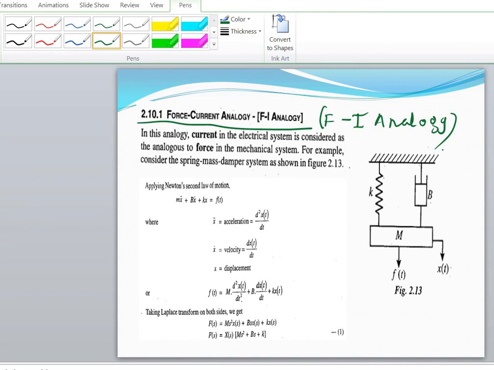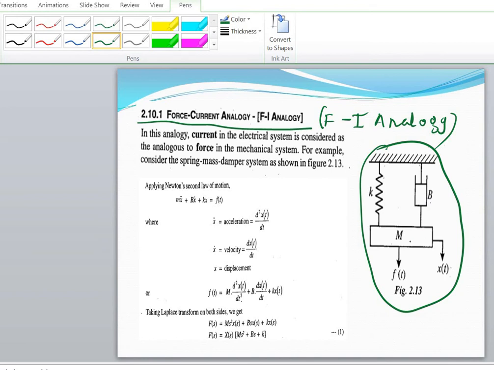In this analogy, current in the electrical system is considered analogous to force in the mechanical system. For example, consider the spring, mass and damper system shown in the figure. It is a very simple system.